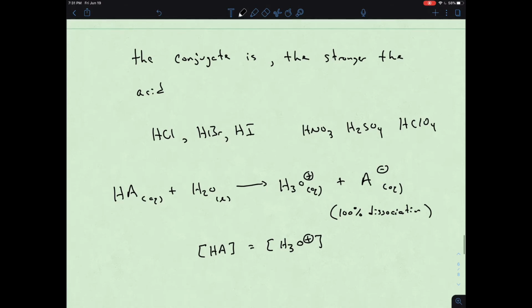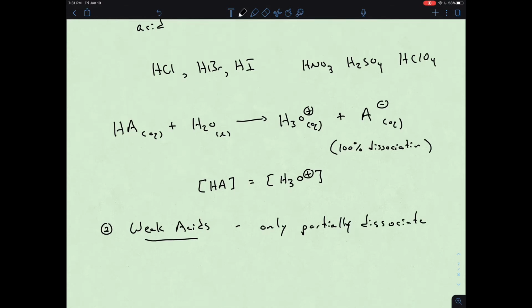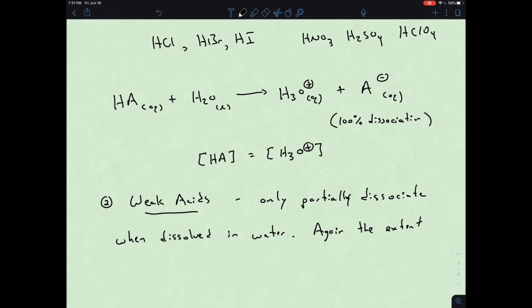When we get to weak acids, these only partially dissociate when dissolved in water. Again, the extent of dissociation depends on the conjugate.